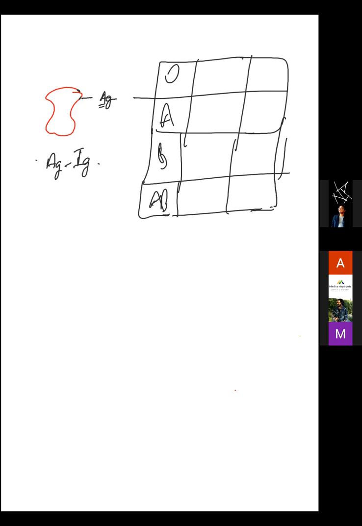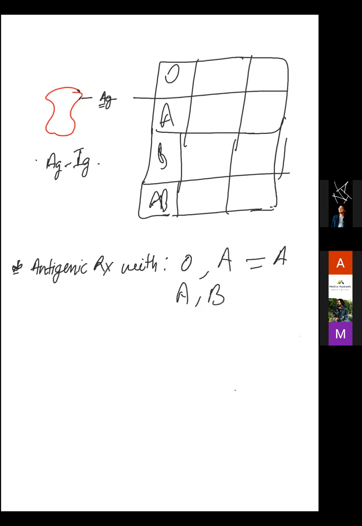So in the question, whenever you see there is an antigenic reaction with, okay, whichever names are given there, they are the answer. Just copy the same. If they say O and A, A will be the answer. A and B, AB will be the answer. If they say only B and O, B will be the answer. Antigen reaction will be the first key to remember.